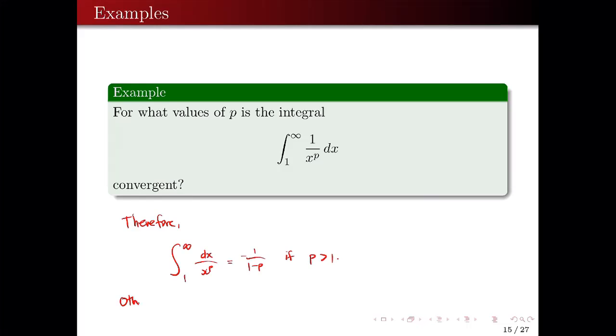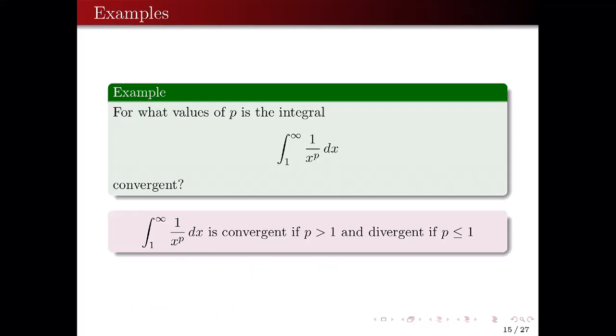Otherwise, the integral from 1 to plus infinity of dx over x to the p is divergent. So here we have the integral from 1 up to plus infinity of 1 over x to the p dx is convergent if p is greater than 1 and divergent if p is less than or equal to 1.